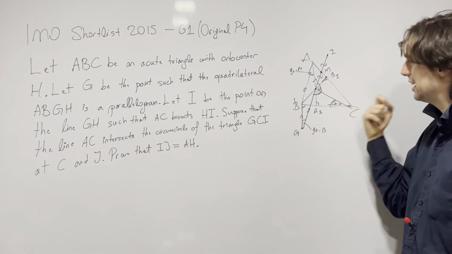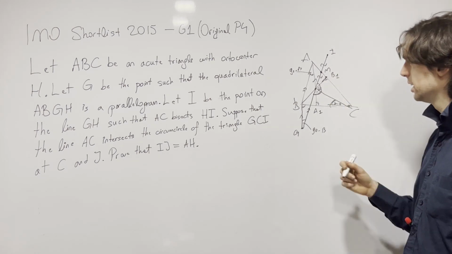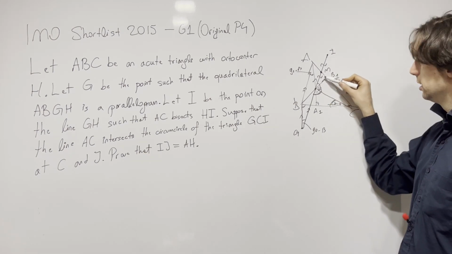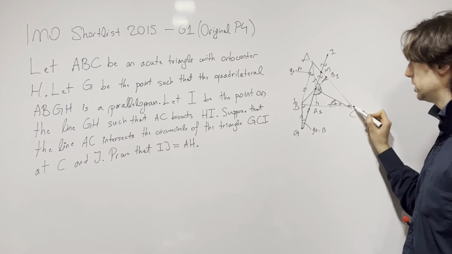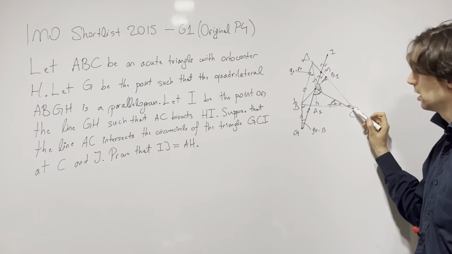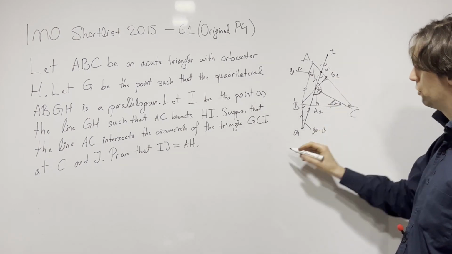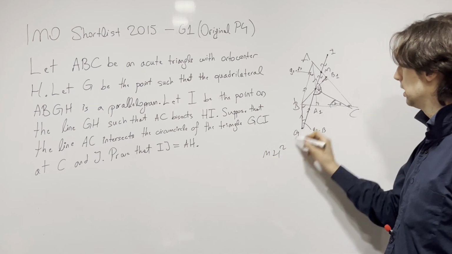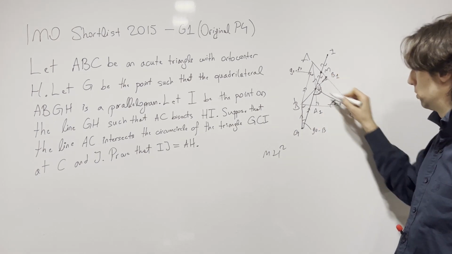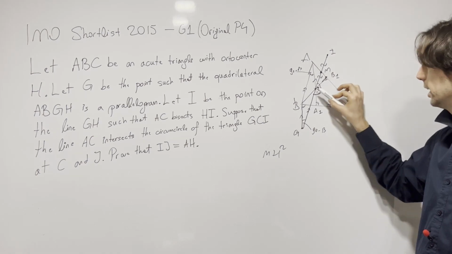And for me, why I introduced this point right here, B1, is because I know that MHC is a right triangle, and I have this as a right triangle as well. So I have MH squared. I have a similarity from this is similar to this, or MH is tangent to the circumcircle around B1H1C.